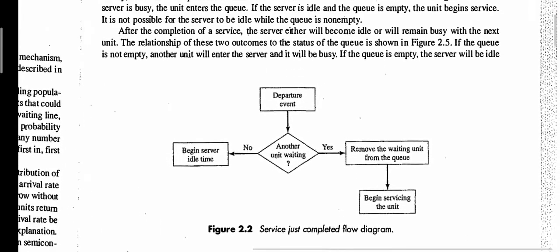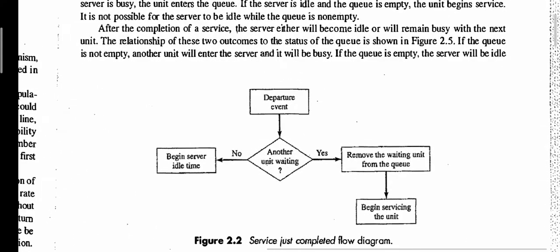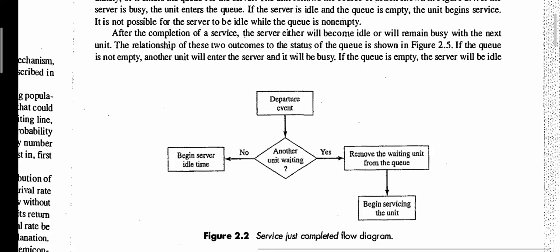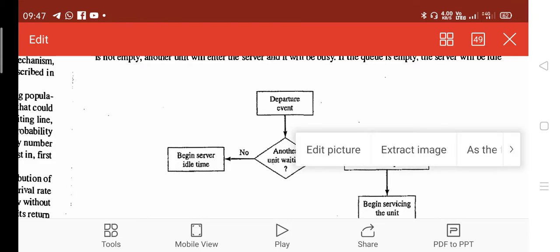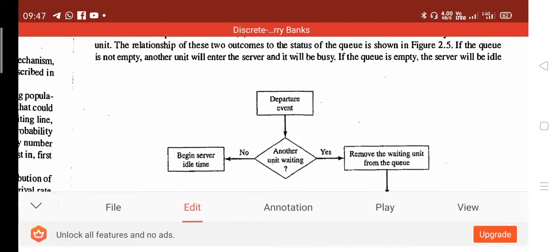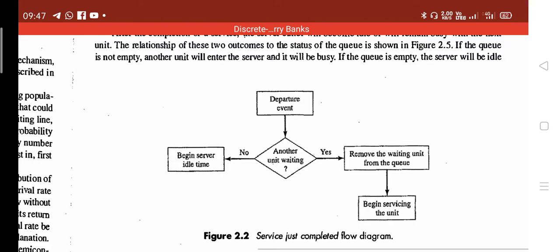This is the flowchart which shows the departure event. Departure means once the service is completed, the customer departs from the queue. Once the departure event occurs, what happens? The server will be idle.